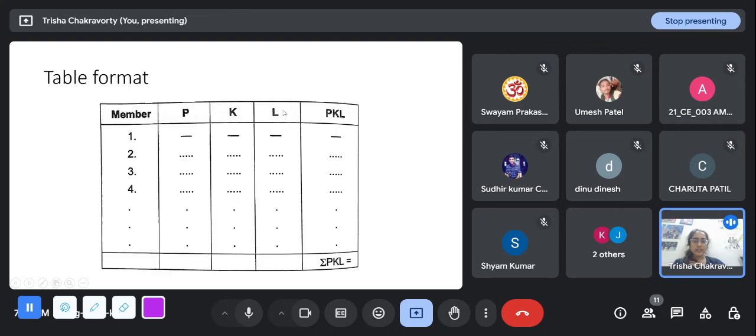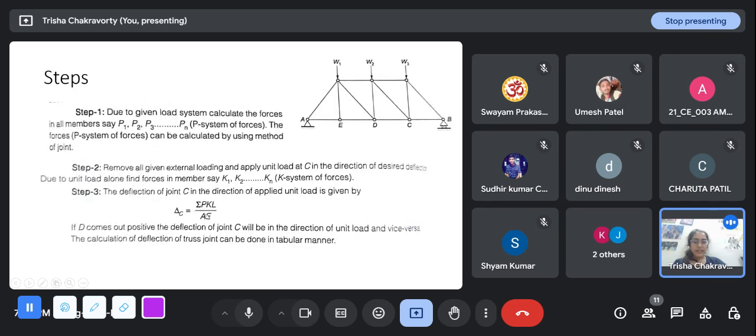solve by Pythagoras theorem. I will multiply these three entries of each row, write this down, then add all the elements of this column to get the sigma PKL, and then divide it by AE. A is the cross-sectional area, E is the Young's modulus. Generally all the cross-sectional areas will be the same when you are asked to calculate.